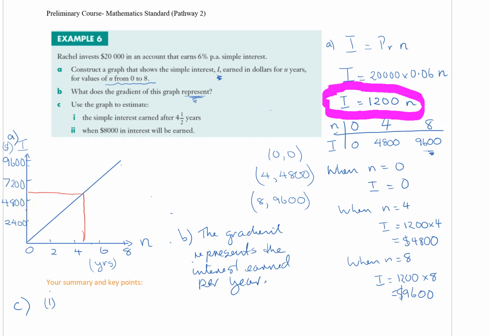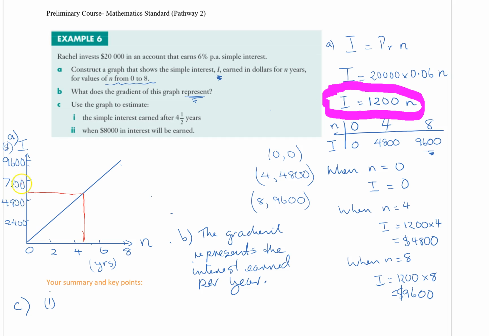It's very hard for me. I suggest you use a ruler. So 4,800, maybe about 550 or approximately.